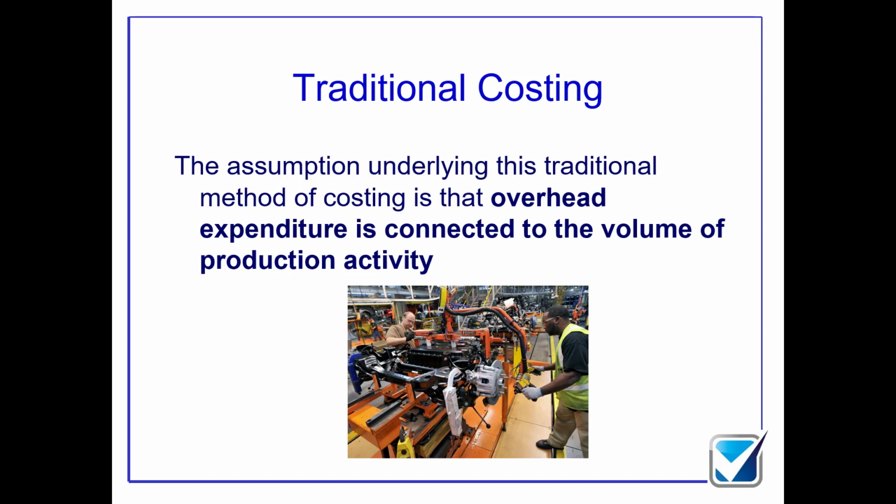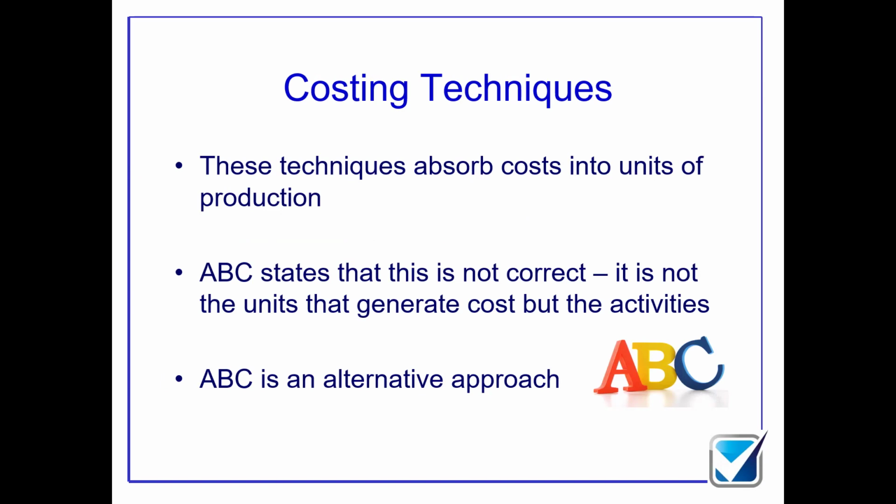So what we then came up with was activity-based costing, my ABC. And what ABC does is it looks at the idea of these overheads that we have to have. So this overhead expenditure will now have to be absorbed into units of production in the same way that absorption costing would anyway. However, it's not necessarily the volume of production which creates these costs and consumes the cost, but the activities of production.